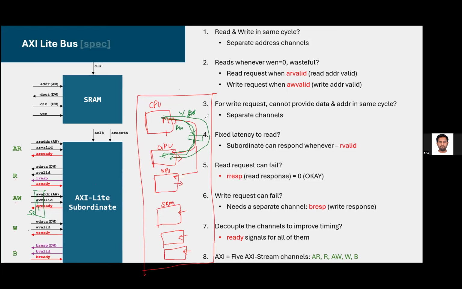Okay, so there's a question: although AXI Lite defines 5 independent channels, isn't there an implicit dependency between AW, W, and B? How is this dependency enforced internally without violating channel independence? The only dependency you have is that B should come after AW and W. That is very obvious because the GPU is your subordinate and the CPU is the manager, let's say.